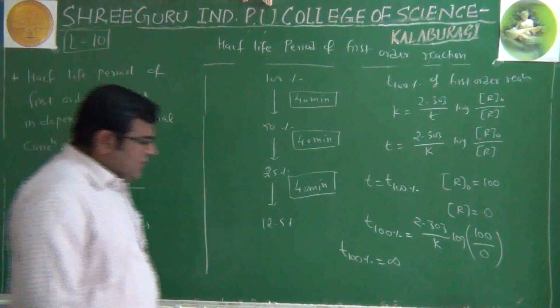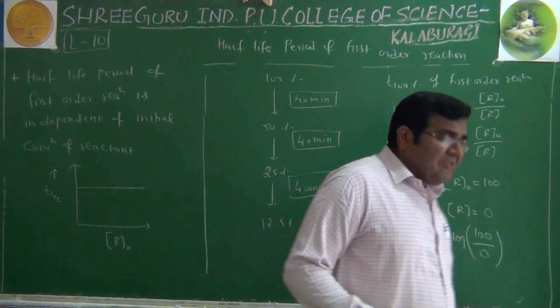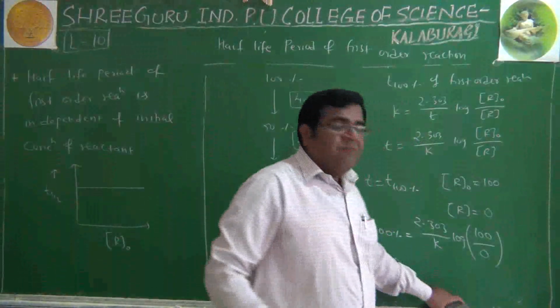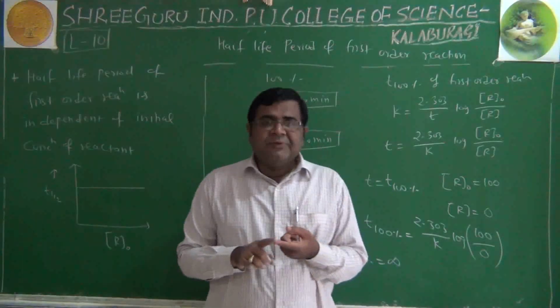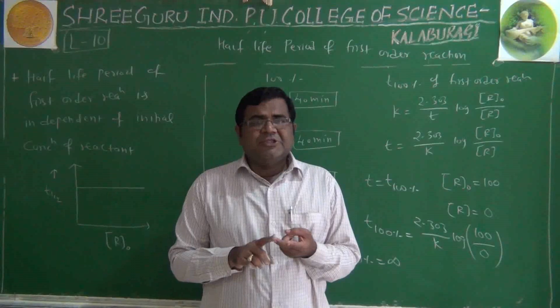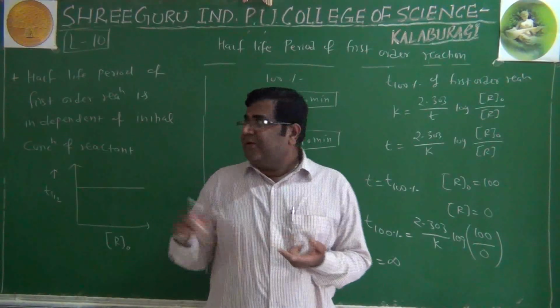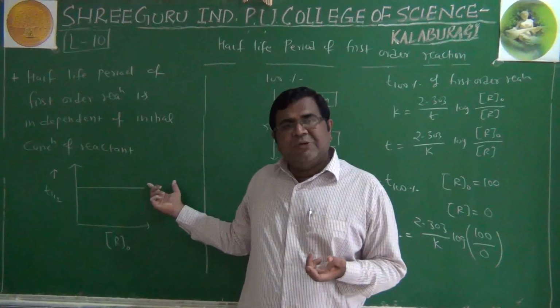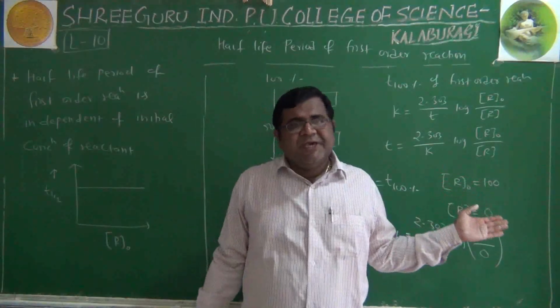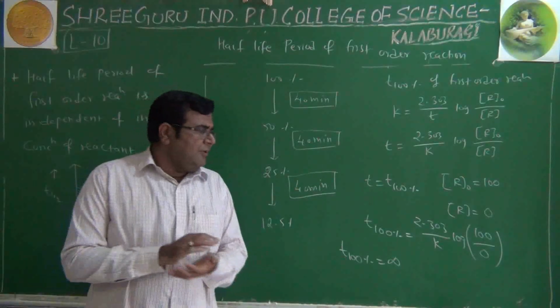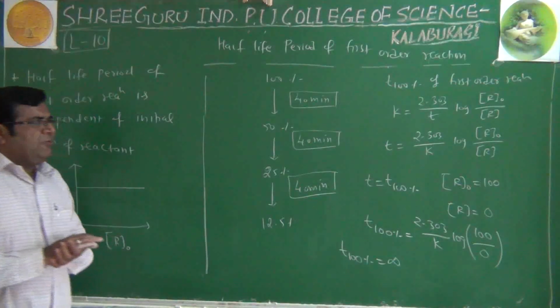So in today's class we have just revised the integrated rate equation for the first order reaction and for zero order reaction, their graphical representation, the half-life period of zero order and first order reactions, and their unique relationship with the initial molar concentration of the reactant.